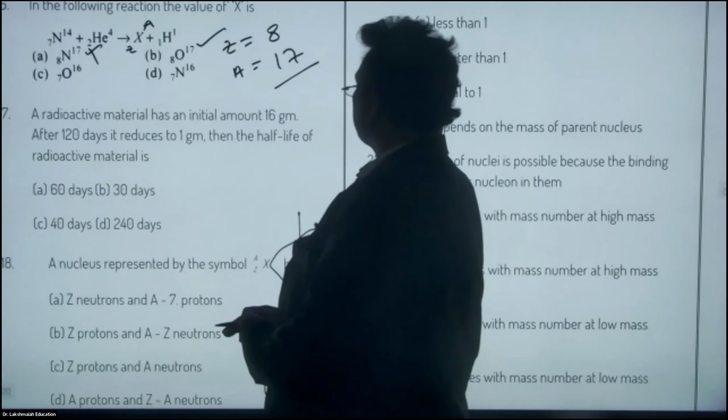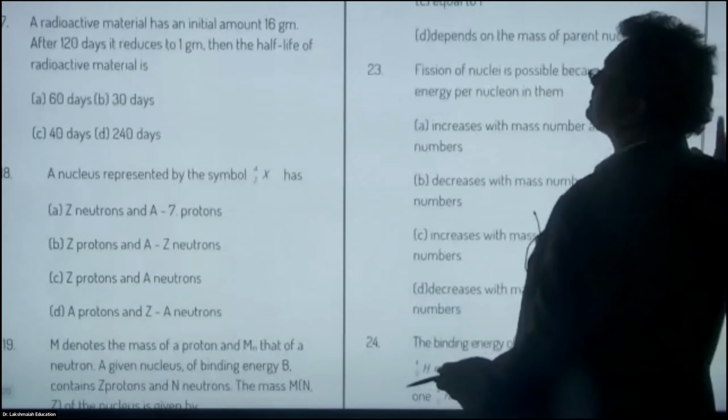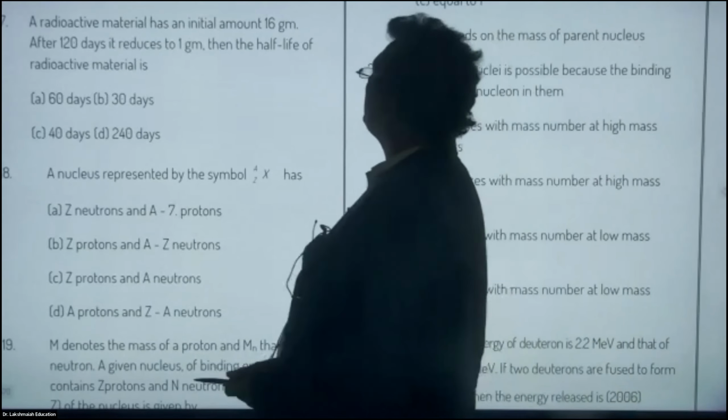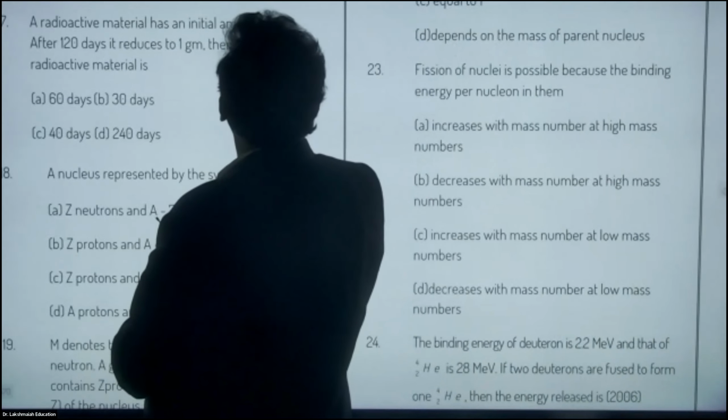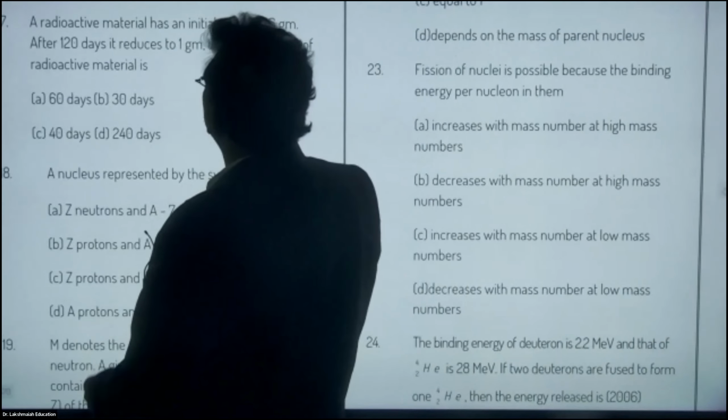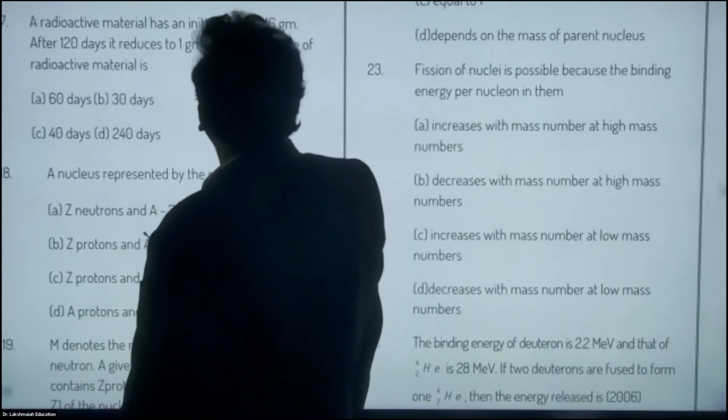Next, 17th question. A radioactive material has an initial amount of 16 grams. After 120 days, it reduces to 1 gram.